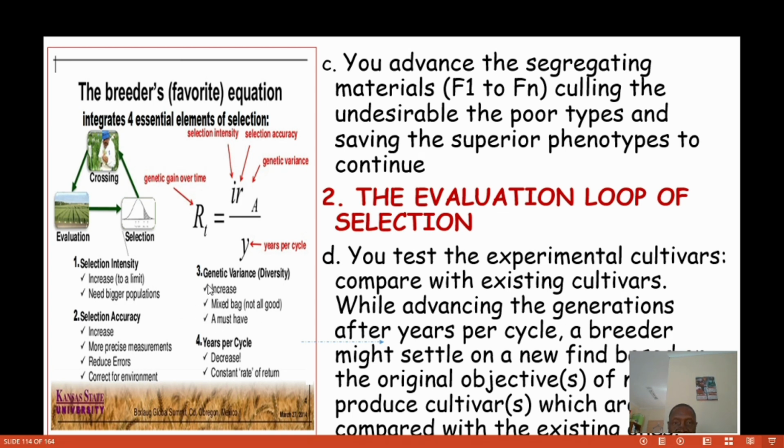And there are the various measures or prescriptions of how you ensure that you are using the genetic variants carefully, wisely. And then, of course, the years per cycle. Here you want to really look at if you can go through a complete cycle of what you have done in as much less time as possible.